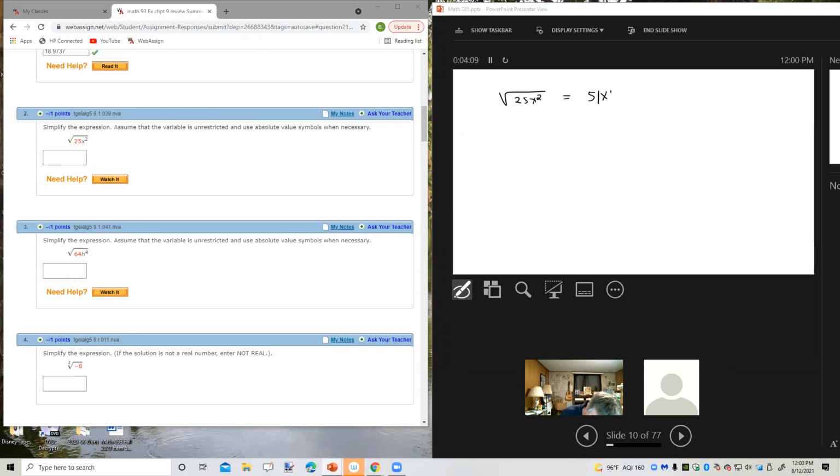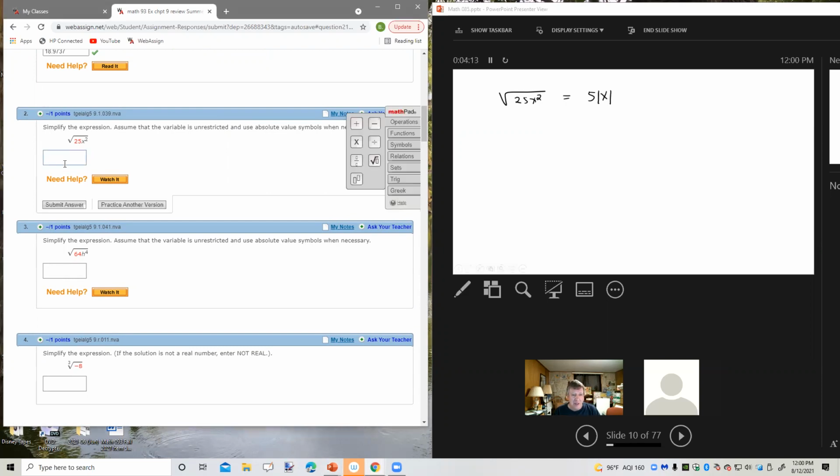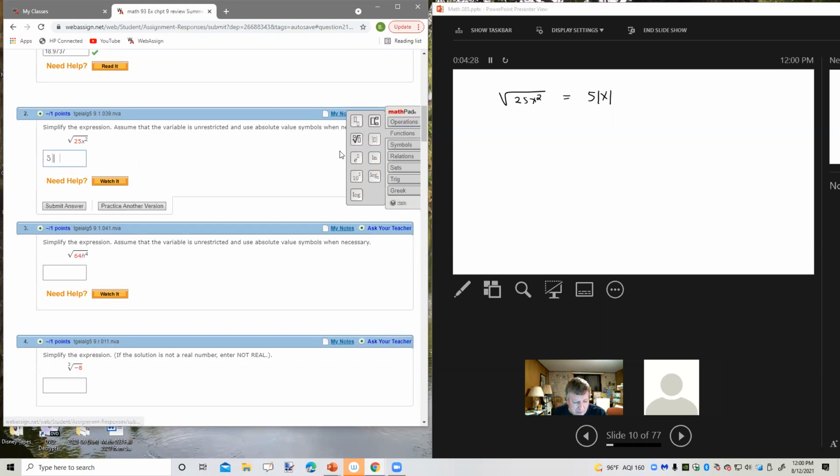Therefore, we need absolute value bars around the x. I think just about everybody missed this problem on the test. Well, not everybody, but a lot of people. So 5, now I need absolute value. Let's see, is it there? Here we go. And there's an x.